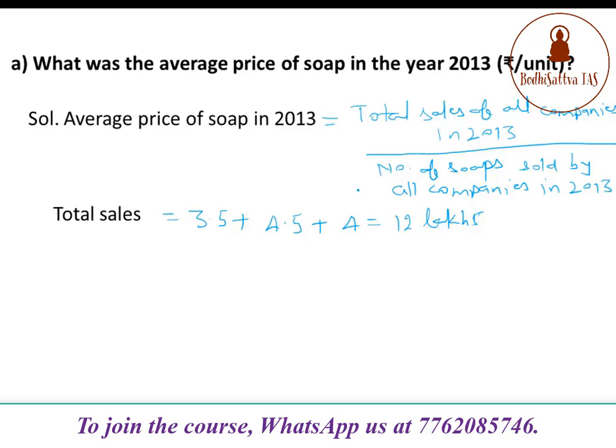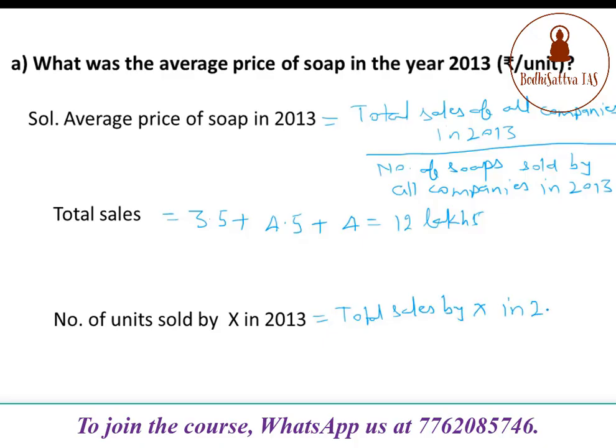Now to find out the average, I have to find out the number of soaps sold by all companies in 2013. So number of units sold by X in 2013 will be, how will we find out? Total sales by X in 2013 divided by unit price. This will give me how many soaps were sold by company X in the year 2013.